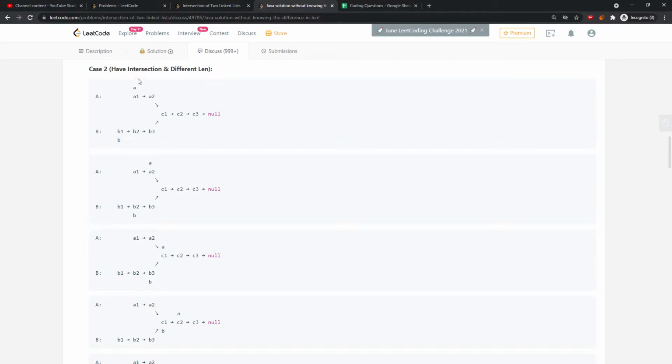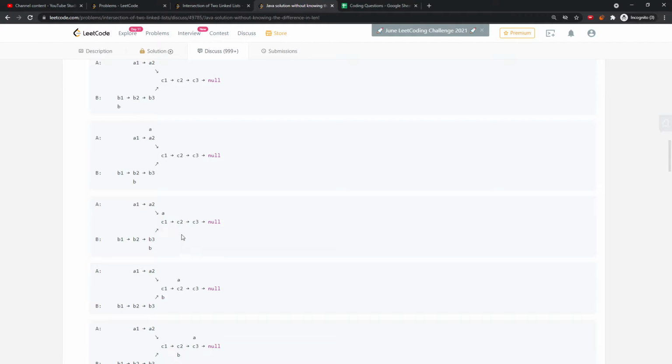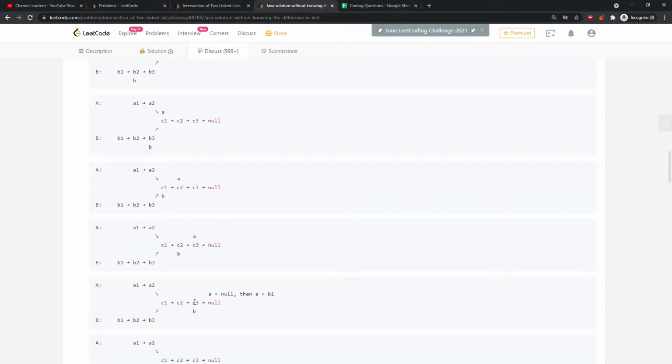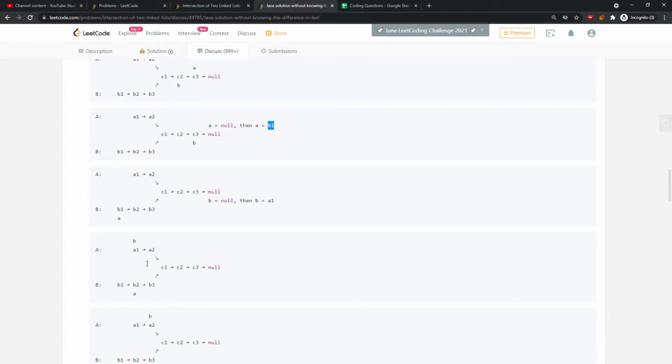Linked list A and linked list B are different lengths. So let's do it again. I traverse linked list A with A, linked list B with B, and I keep jumping. If my A jumps from C3 to null, my A will point at the head of B. When my B equals null, B will point at the head of A. So they will traverse again.